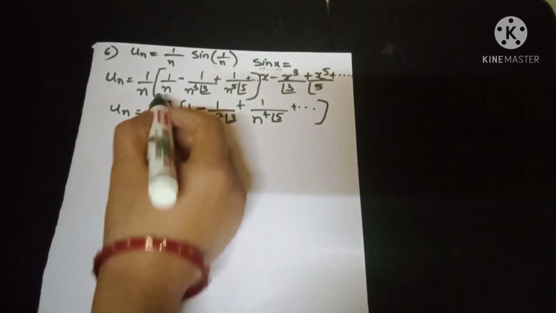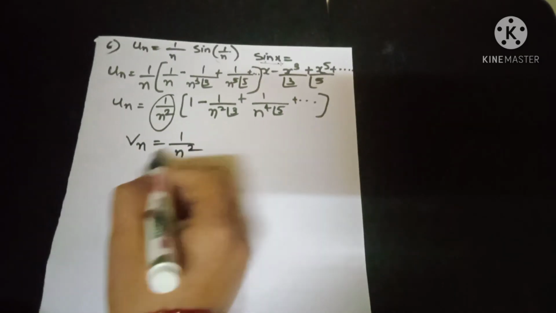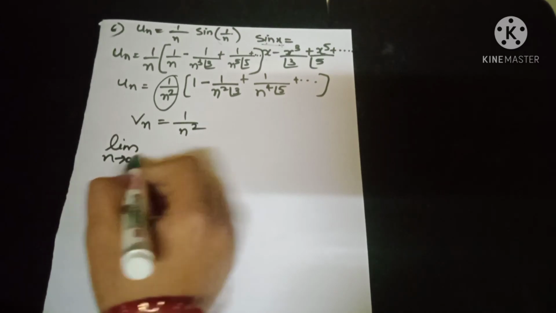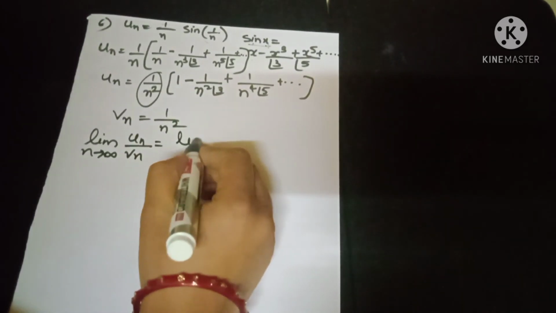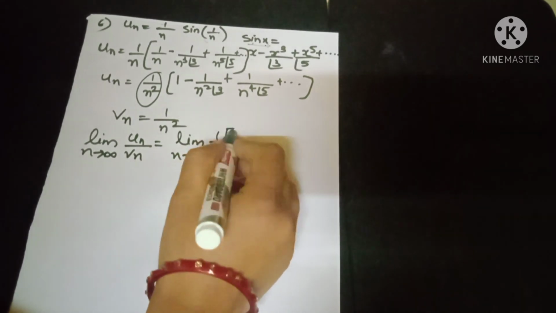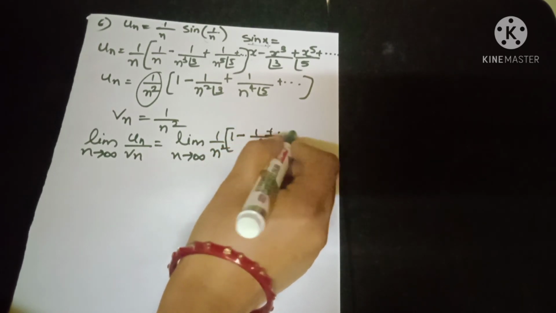So take this 1 by n square as the auxiliary series. Vn is equal to 1 by n square. Then we see that the limit as n tends to infinity of un by Vn will be the limit as n tends to infinity of 1 by n square into (1 minus 1 by (n square 3 factorial) plus etc.)